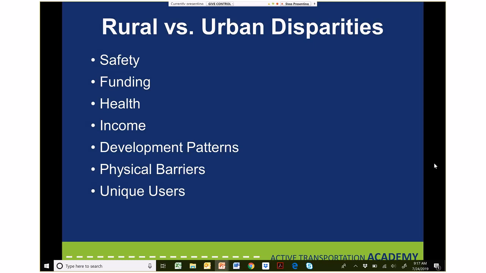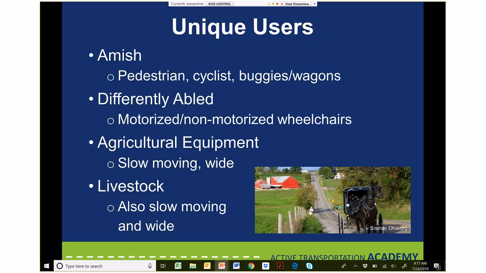And so how do we address their specific needs and understand that it is a rural disparity versus an urban situation? So again, here with the Amish and the unique users, we also take a look at differently abled population, and so understanding that in an area that is less densely populated, with longer distances between where people need to go, maybe a lack of pedestrian infrastructure such as sidewalks, how do people who are using wheelchairs navigate? And then agricultural equipment, so it's slow moving, it's wide.